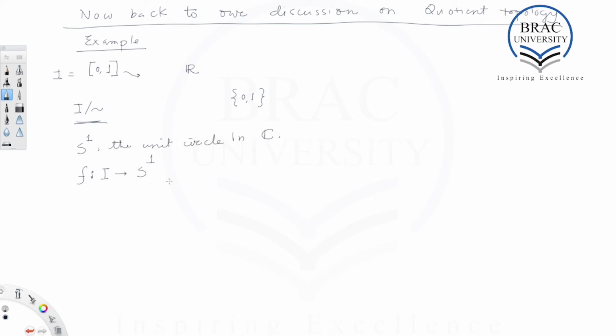This function is defined by f of x is equal to e to the 2 pi i x.